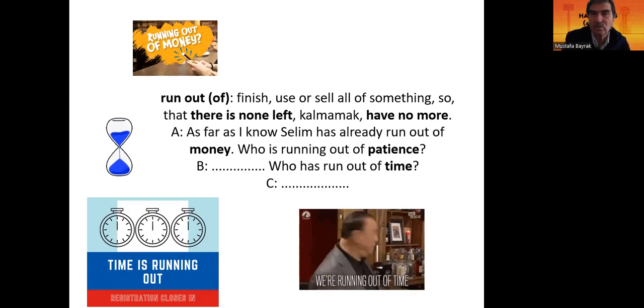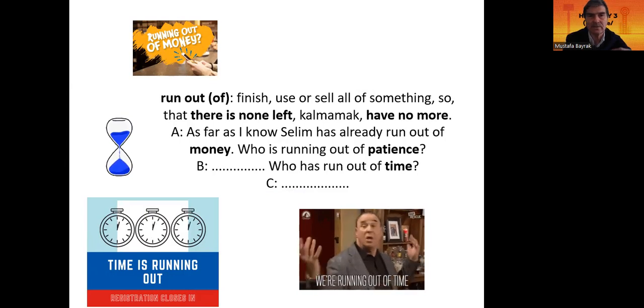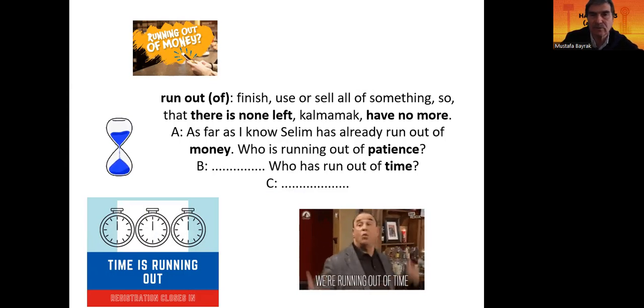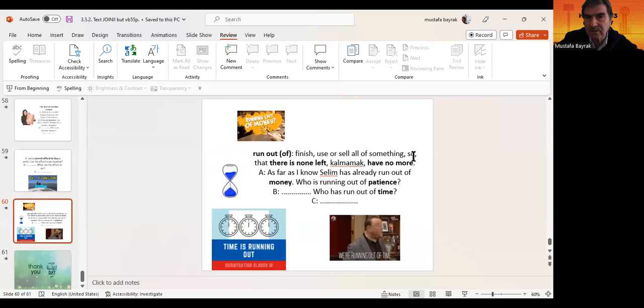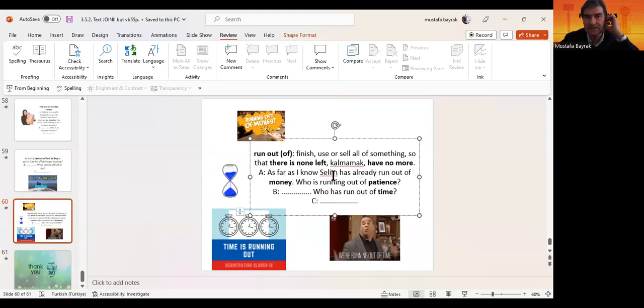has been less and less. Okay. Run out of time means finish, use or sell all of something so that there is none left. So this is unnecessary here. Not just so, but so that, okay? So that there is none.